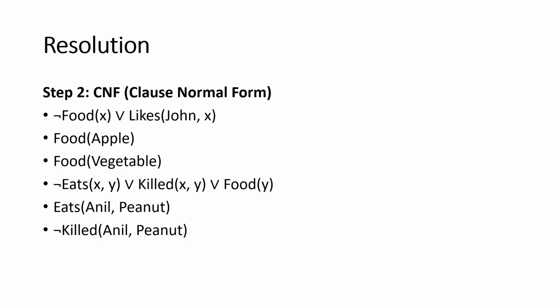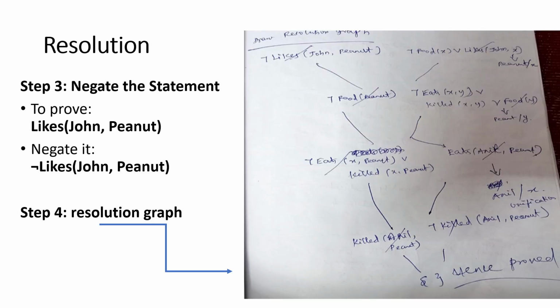And the fourth sentence is already in the form of an and statement, so we are just going to represent eats of Anil comma peanut and not killed of Anil comma peanut. So these are the statements that we have, already converted into FOL and from FOL to CNF. Moving to the next step, we are just going to have the proof statement.